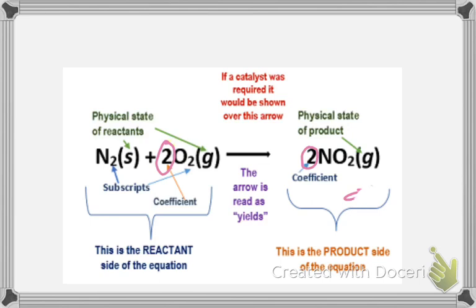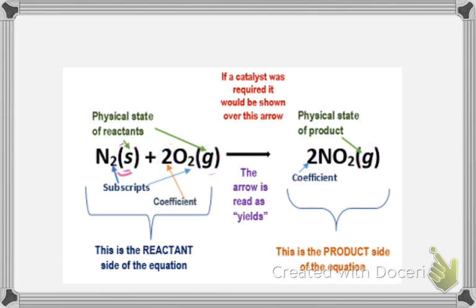These right here are the states of matter, okay? So we'll talk about these as well. If you see in parentheses a letter after a chemical or a substance, that is its physical state, solid. For this is a solid, this is gas, and this is a gas as well, all right?